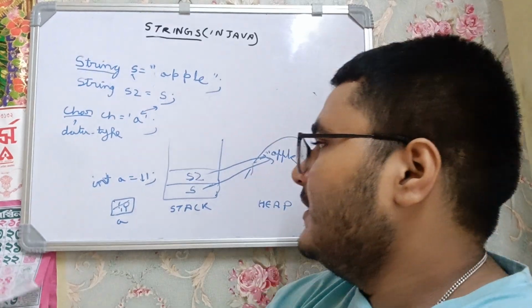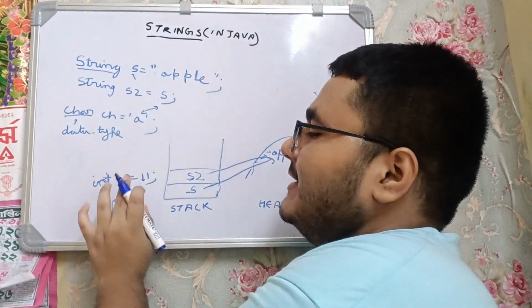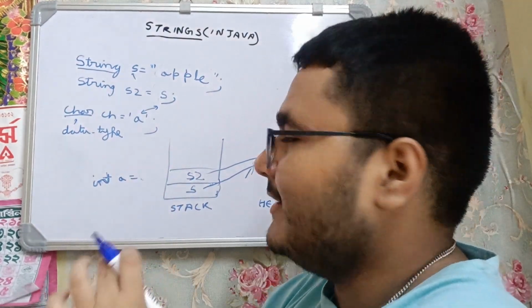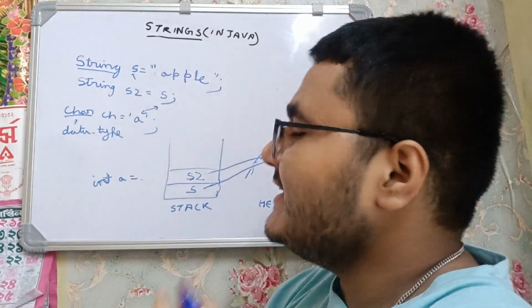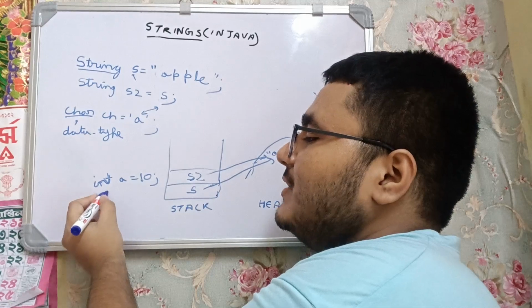Now in case of normal data types, string is a class, not a data type. In case of data types, int a is equal to 10, int b is equal to a.